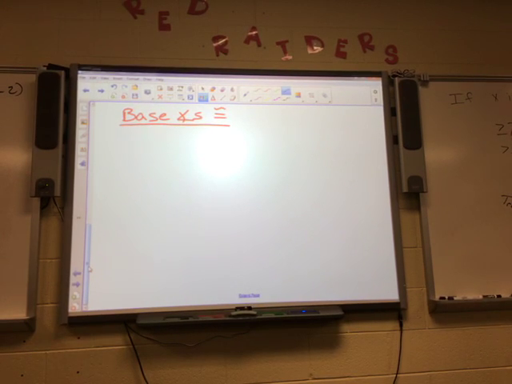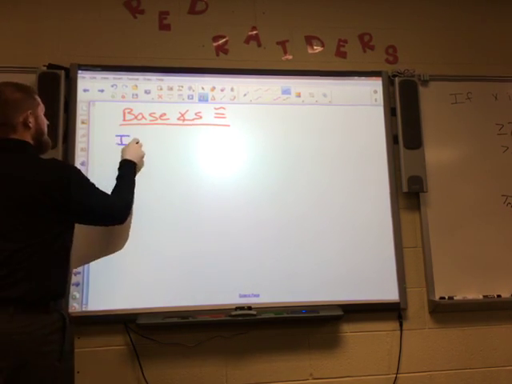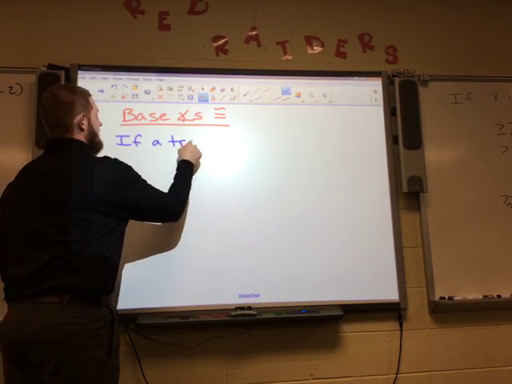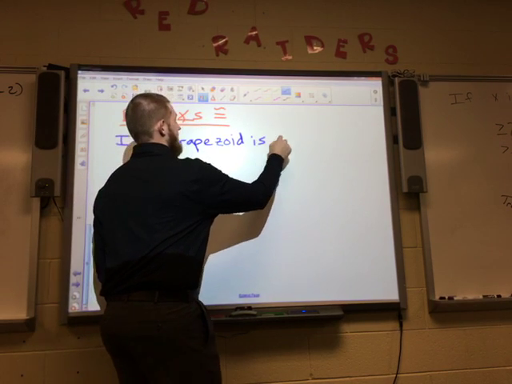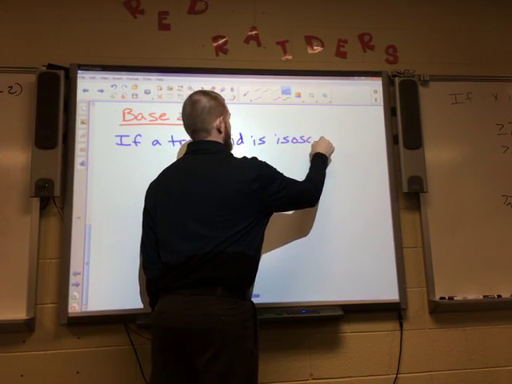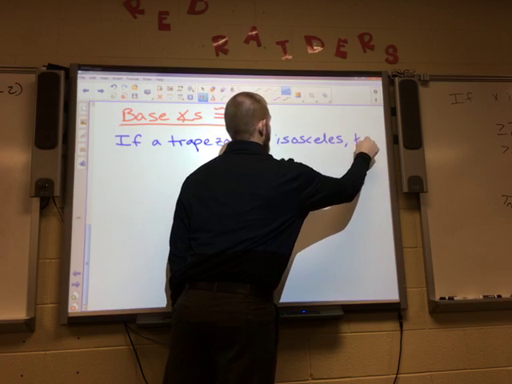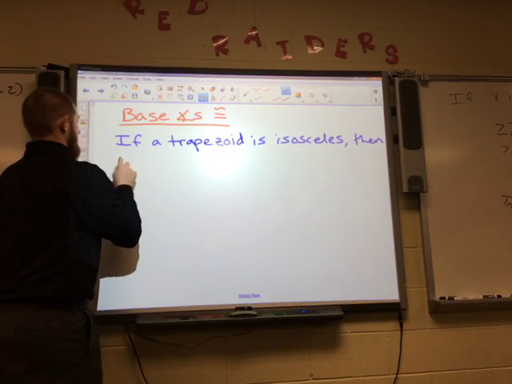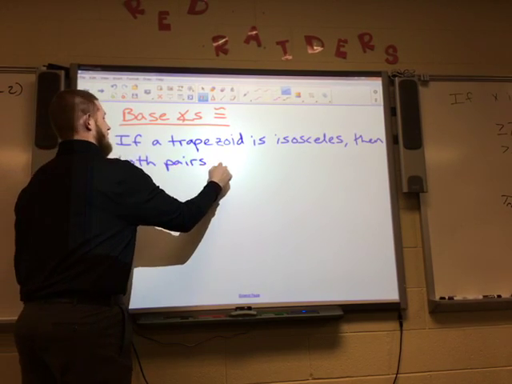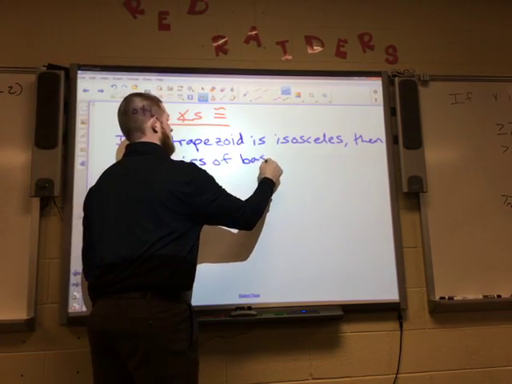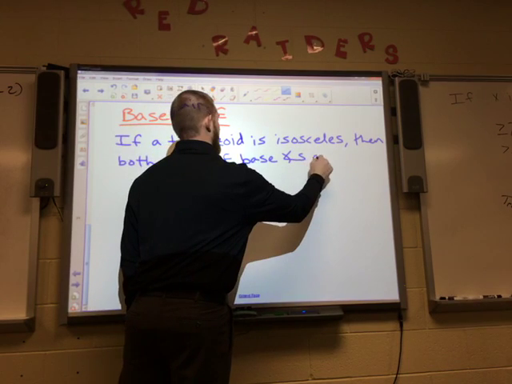Okay. Base angles congruent. So what's going to happen here? Your base angles are going to be congruent. Okay, so if a trapezoid is isosceles, then both pairs of base angles are congruent.